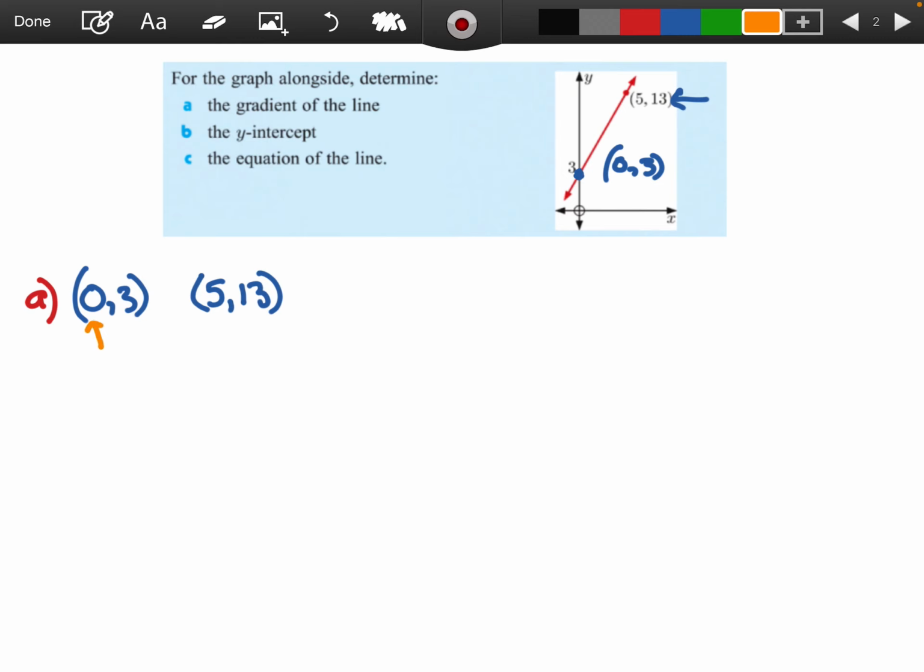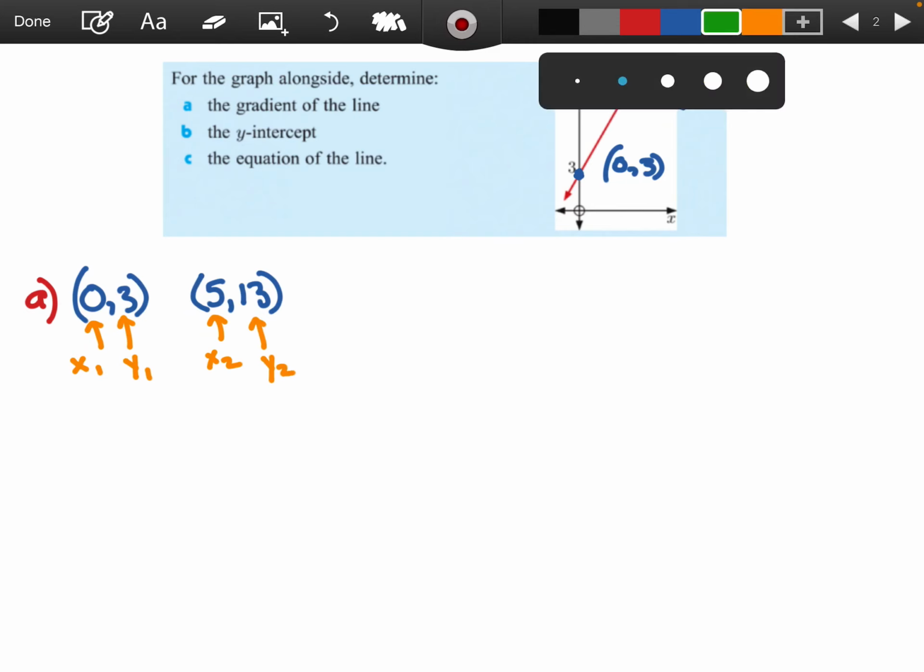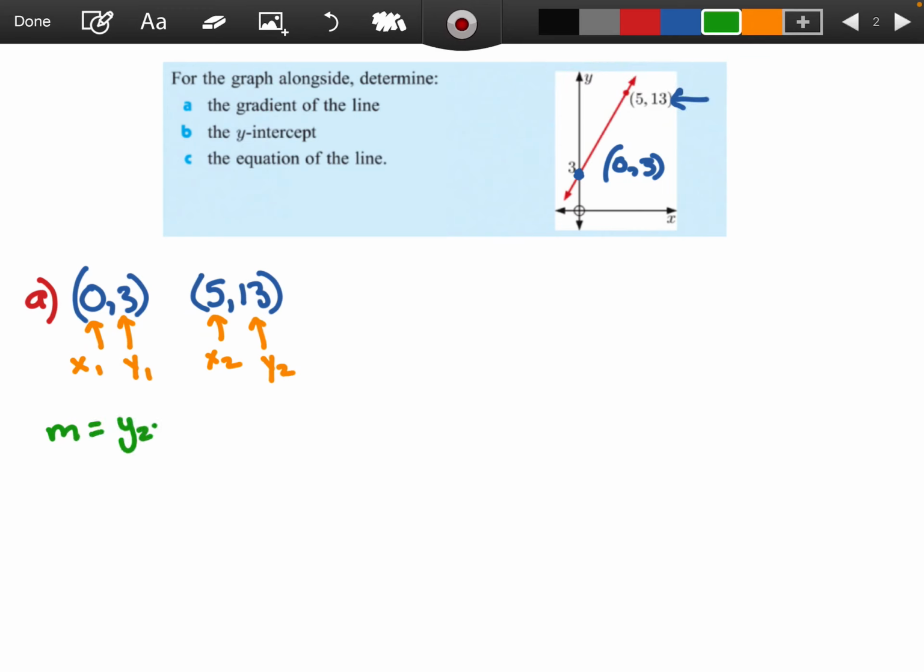To find the slope, we need to label these points x1, y1, so the x and y coordinates of point 1, and then x2, y2, so the x and y coordinates of point 2. And then if you remember back to our slope equation, m equals y2 minus y1 over x2 minus x1.